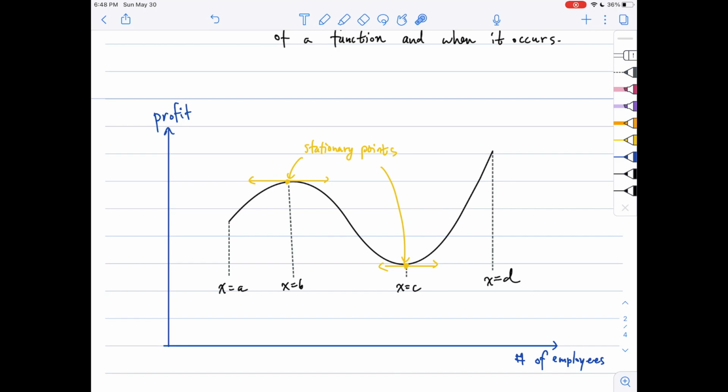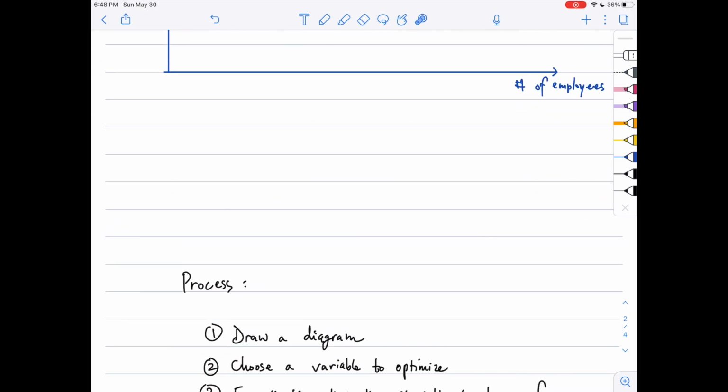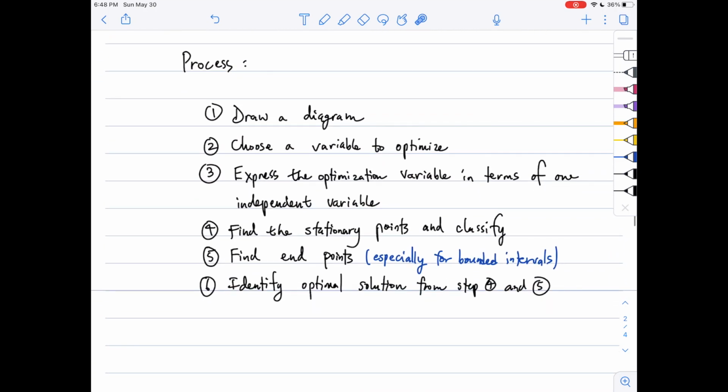Okay, next I'm going to give you some steps, some overall procedures, that we'll take. It's hard for me to give you steps because, again, each problem looks so different and will feel very different. But these are the overall sequence of steps that you can typically take to solve an optimization problem. The first is to just draw a diagram.